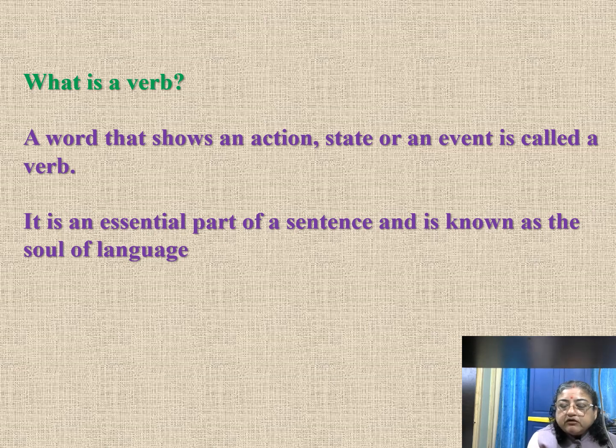If anyone asks you what a verb is, you can say that it shows action. Any action, state, or event is called a verb, and it is very essential, very important, and it is the main word that we use in this language. Otherwise you cannot express yourself without a verb.